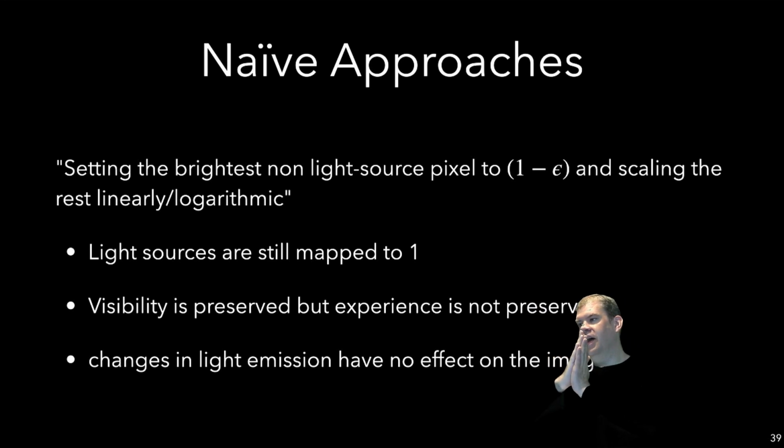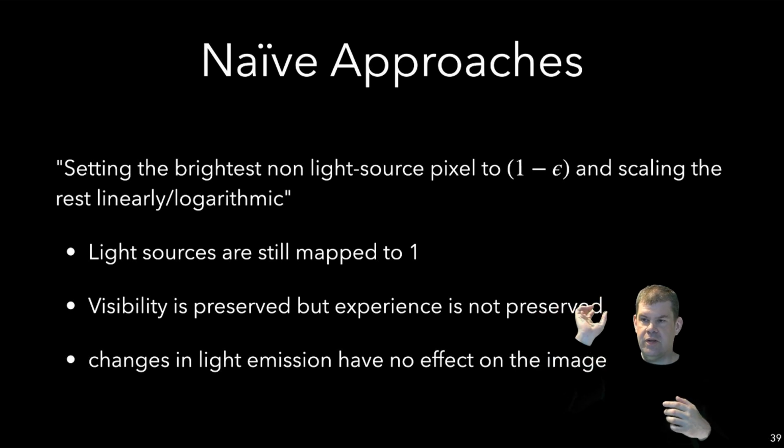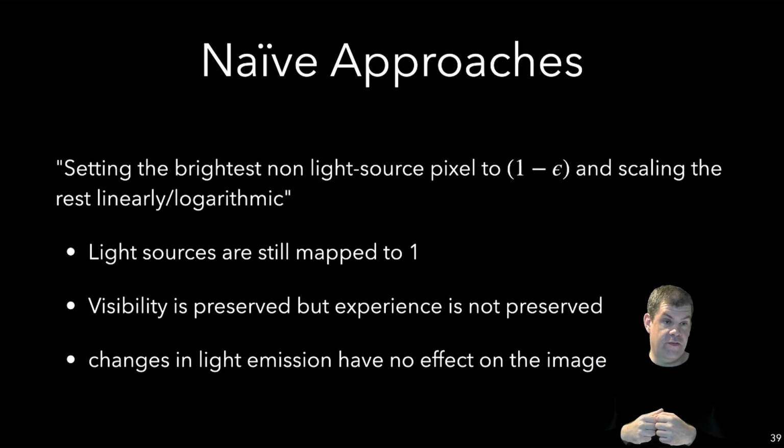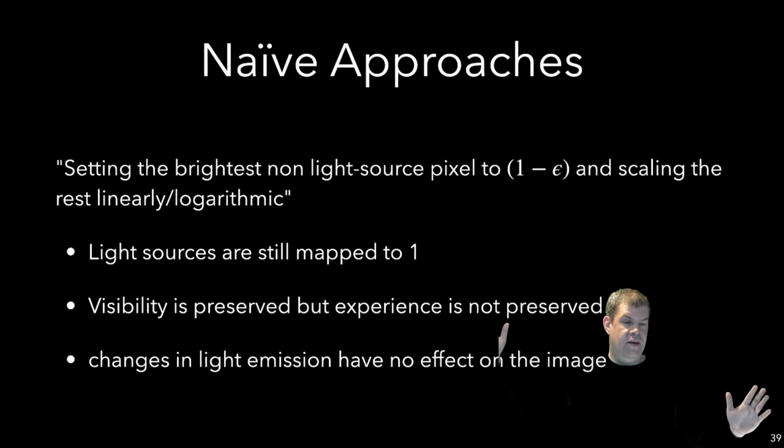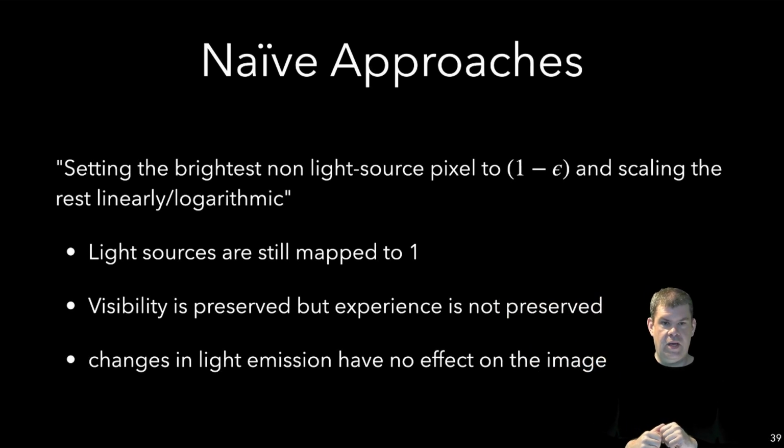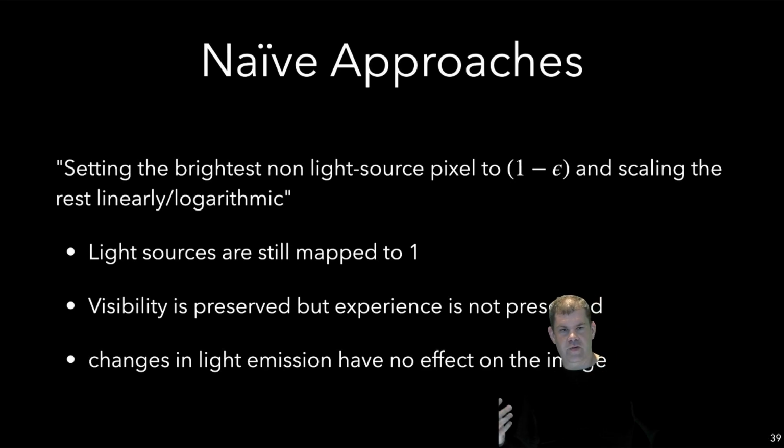Anything above that, even though it might be significantly bigger, let's make that 1. And anything that's not a light source, we'll make that 1 minus epsilon. So for instance, in 8-bit, that would be 245, whereas the other one would be 255. And then map everything else linearly, or logarithmically, whatever you choose.